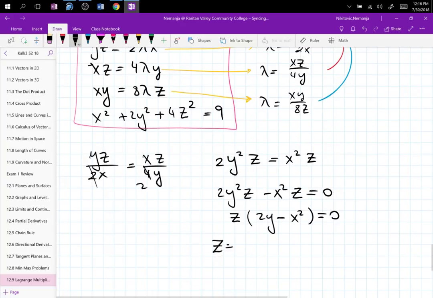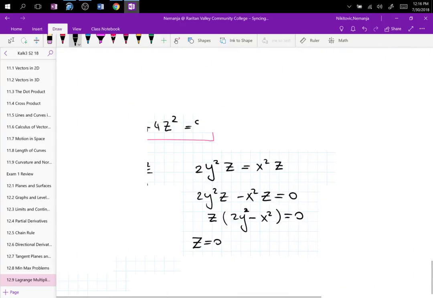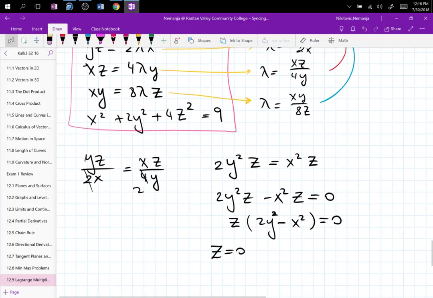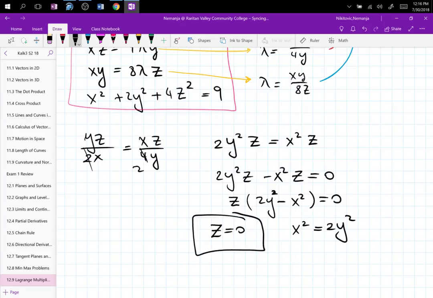Now you have z equals 0. Please pay attention, it's right there. It was so subtle. Z equals 0. Sure.